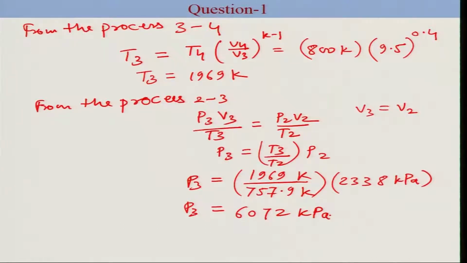Now, we are asked to calculate the heat coming into the cycle. Heat is given during the isochoric process from state 2 to 3. So, Q in will be equal to mass times change in internal energy, because delta V is 0.